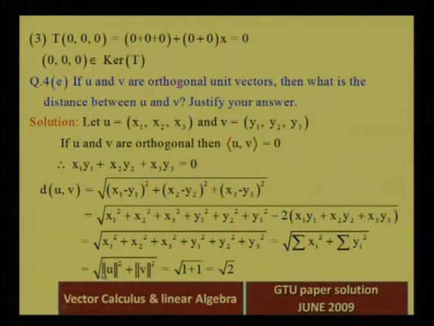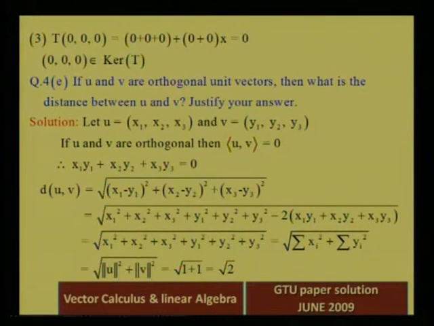Because x1 y1 plus x2 y2 plus x3 y3 is equal to 0, we get under root x1 square plus x2 square plus x3 square plus y1 square plus y2 square plus y3 square, and this is equal to under root summation xi square plus summation yi square.